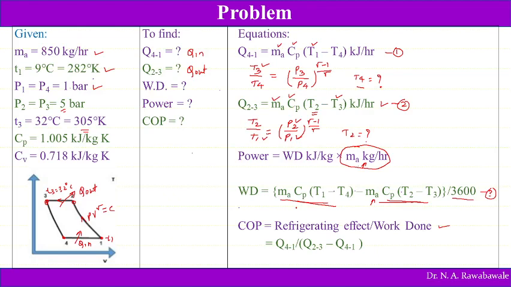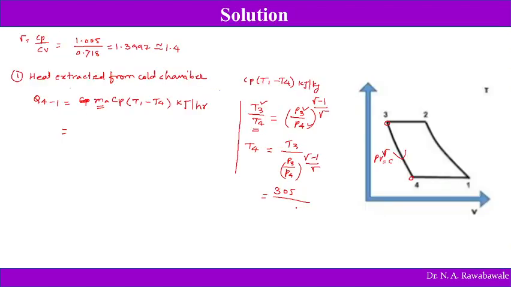P3 is nothing but 5 bar and P4 is 1 bar. 5 divided by 1 is 5 to the power of gamma minus 1 divided by gamma, which means (1.4 minus 1) divided by 1.4.